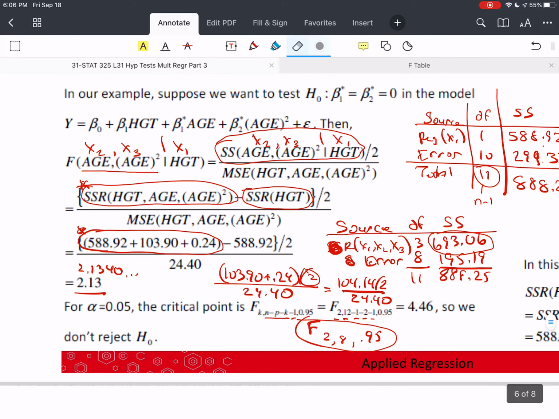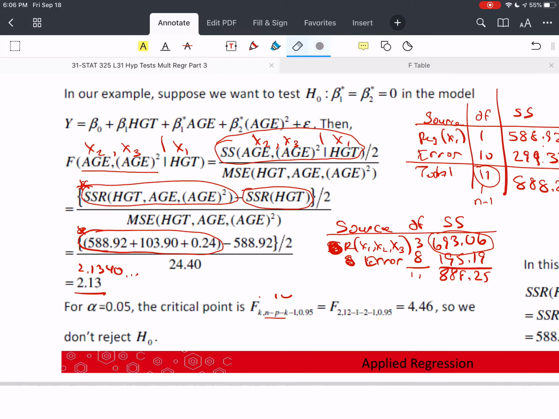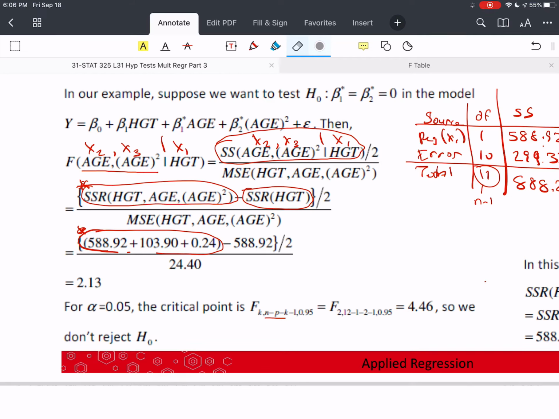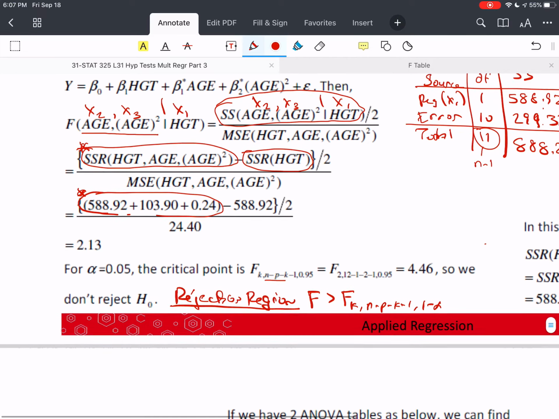And so I'm going to erase all this mess so that we can see. And so what we do is we say the rejection region. I always want you to write out the rejection region or the rejection criteria or the critical region. Any one of those words is fine. Is F greater than F of K, n minus p minus k minus 1, 1 minus alpha, and then fill in the values.